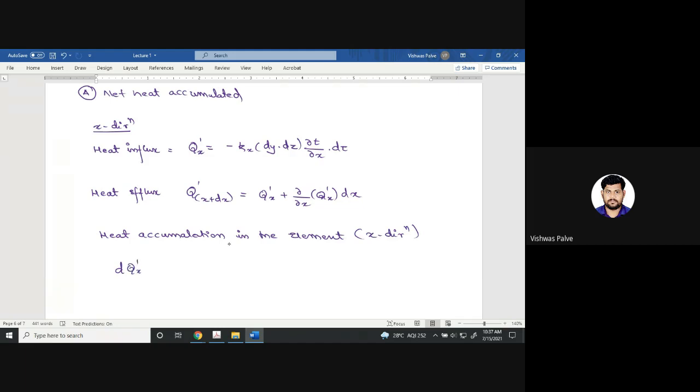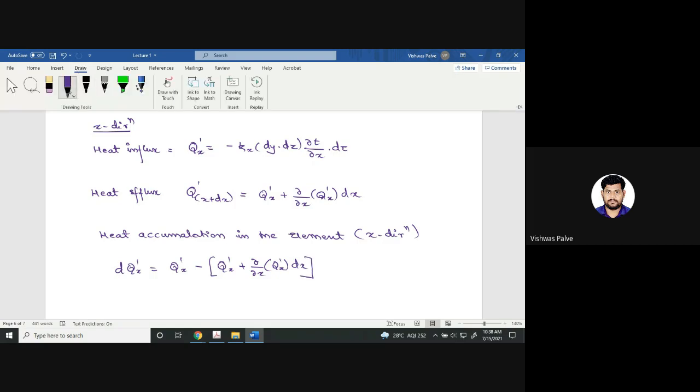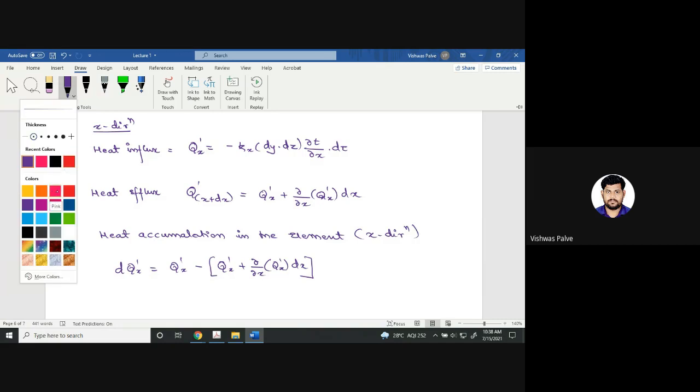right, change in the heat flow in x direction can be written as heat which is going to enter the body minus heat which is leaving the body. So we are just taking the difference, which is the heat entering the body and heat leaving the body.